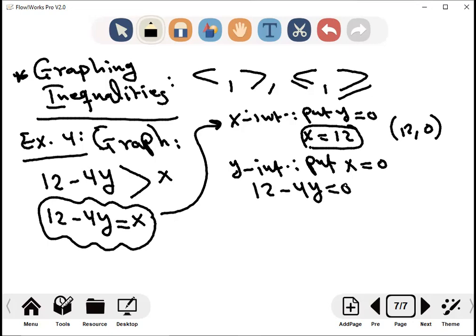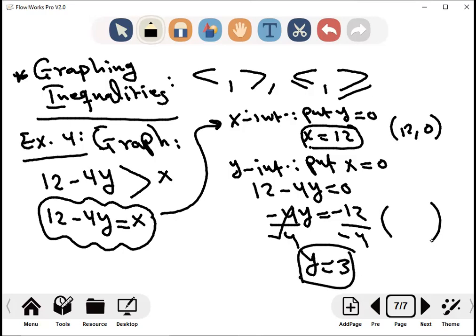I'm searching for y, so shift the 12. Negative 4y equals negative 12. Divide by negative 4, y will be positive 3. So the y-intercept is 0 and 3, and so I have the x-intercept and the y-intercept, same as we did in the linear equations, or functions. Fine. In the first step, I replaced this more than sign with equal. Then I found the x-intercept and y-intercept the same way.